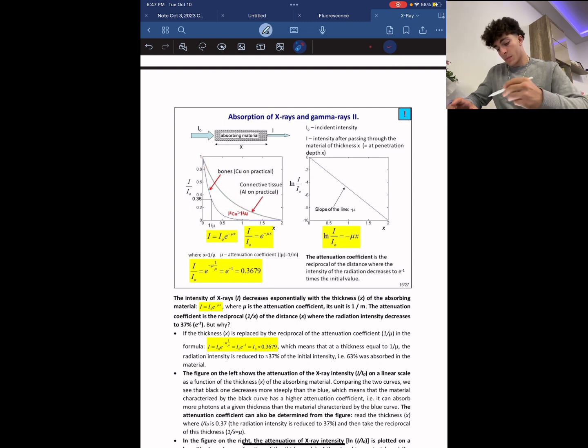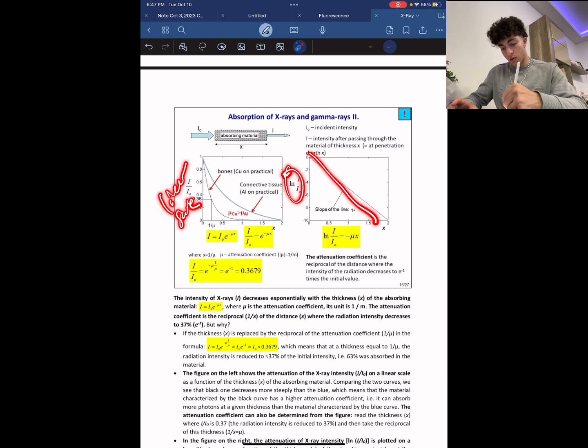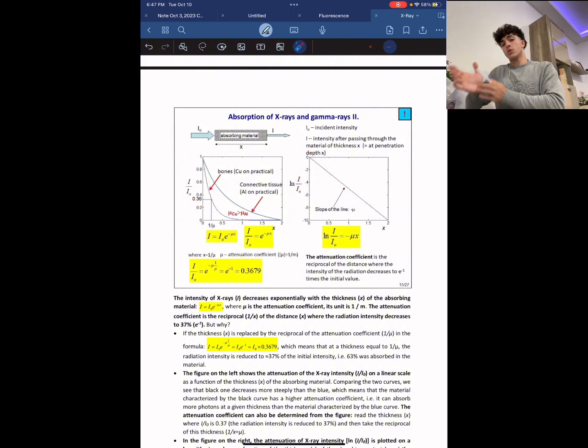And this is a linear scale. If you take a logarithmic scale, it's a straight sloped line. So how much does one thing absorb per unit thickness? How do you memorize this? If you did math in high school and you're familiar with it, this is an exponential function. What does it mean in this case? Final intensity equals initial intensity times e to the power of negative mu x.